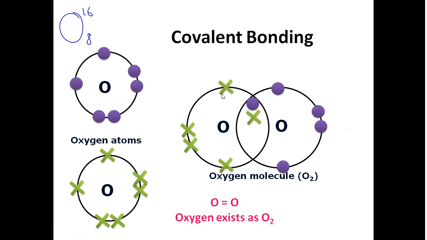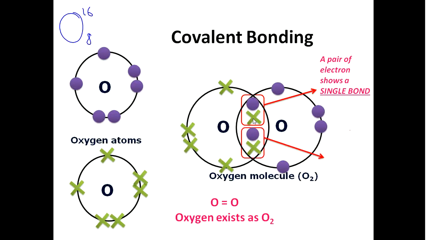Here we can see that we have 5 electrons for one of the oxygen atoms and 5 electrons for the other, and in total each oxygen atom has 6 electrons, which is not enough. So we take the other 2 electrons to make it stable. Here a pair of electrons shows a single bond. Because this has 2 pairs of electrons, oxygen has a double bond.